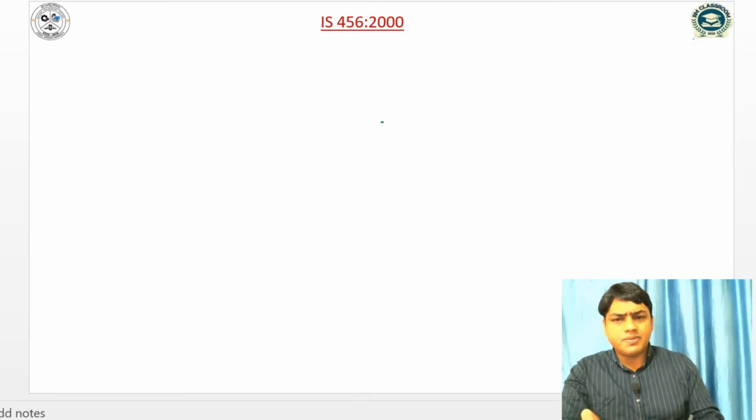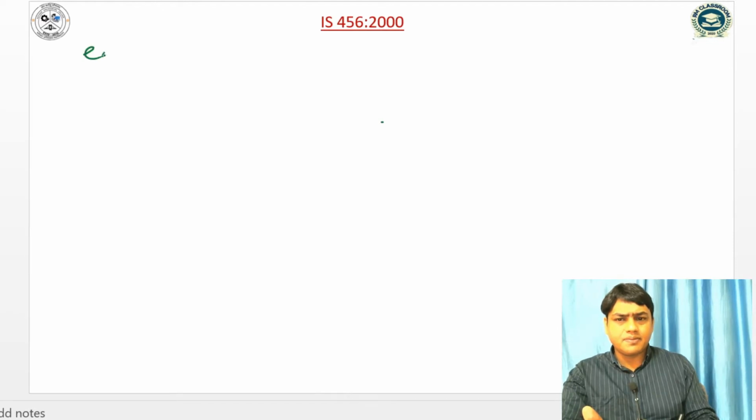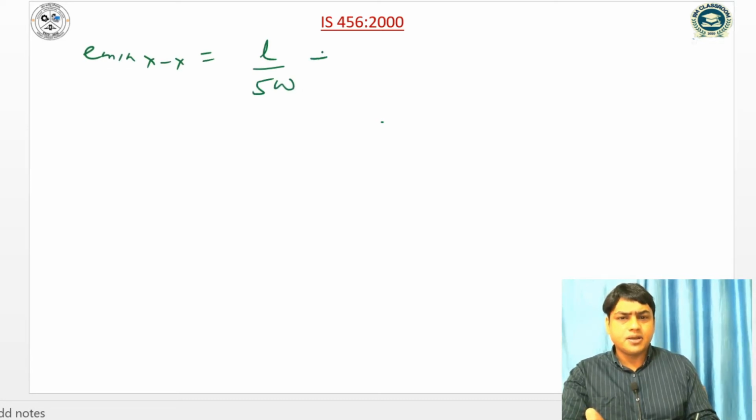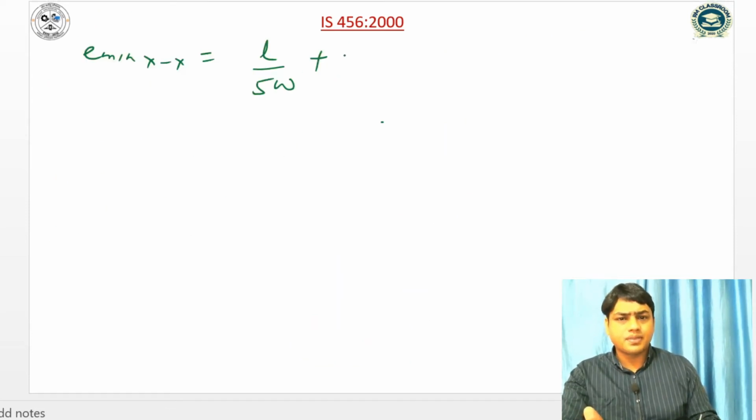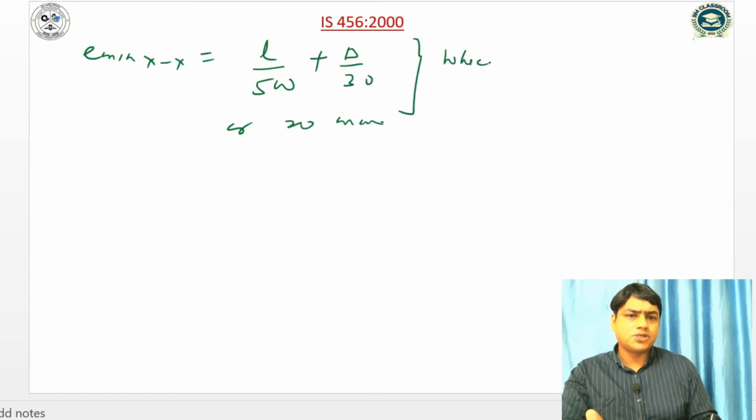So if I compute the minimum eccentricity, E minimum about the major axis, xx, is equal to unsupported length L by 500 plus lateral dimension. So about xx, the lateral dimension is D, so D by 30 or 20 mm, whichever is more.